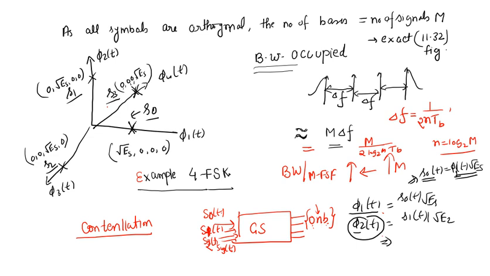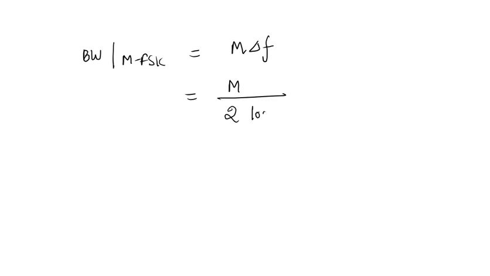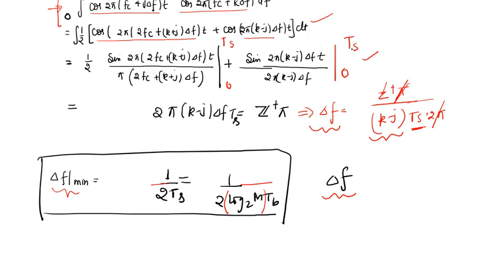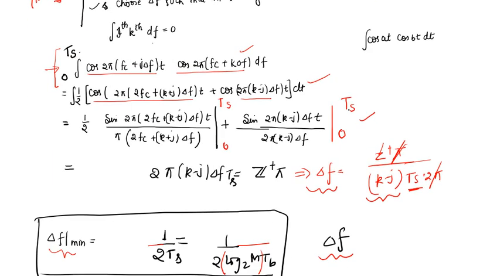The next question is, once we get the constellation, what is the bandwidth occupied? The bandwidth occupied by any M-FSK signal is M delta F, where delta F we have derived as 1 over 2 n TB.